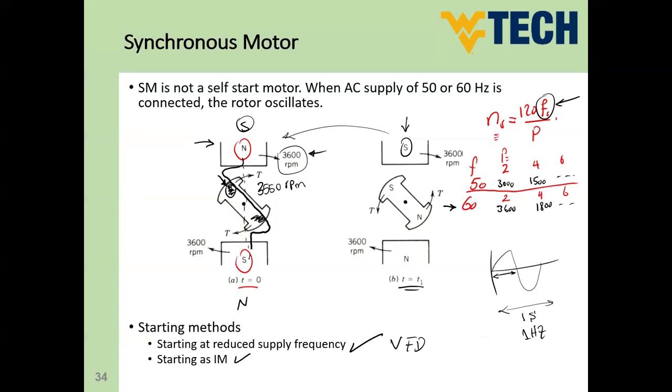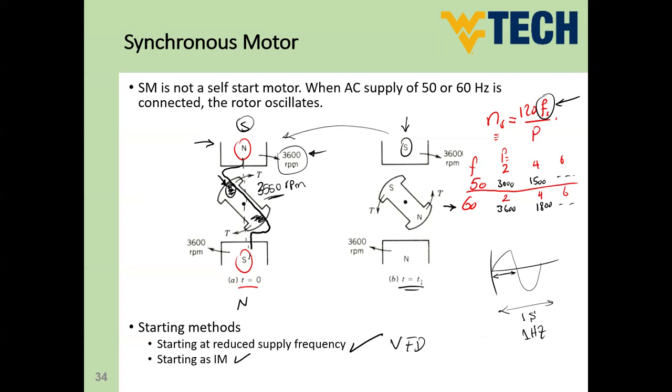So in this case, we will not connect the supply to the field winding and supply the stator winding by the three-phase AC source with the same frequency. So what will happen is the machine is going to start as an induction motor with this speed.